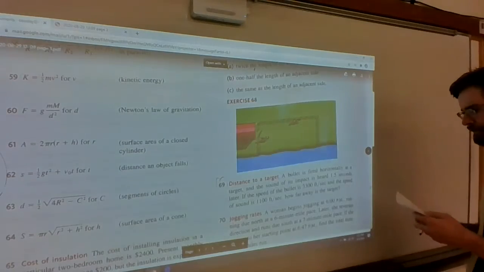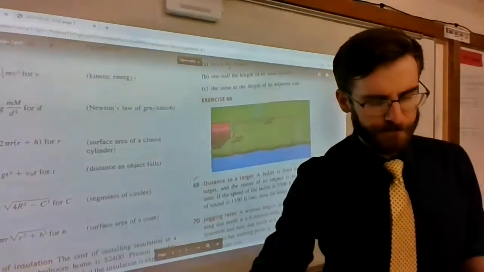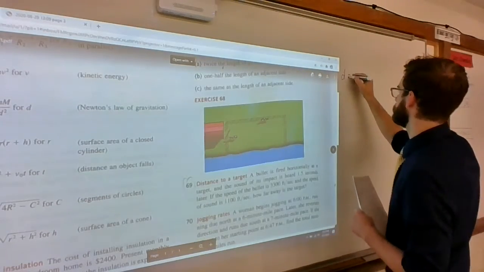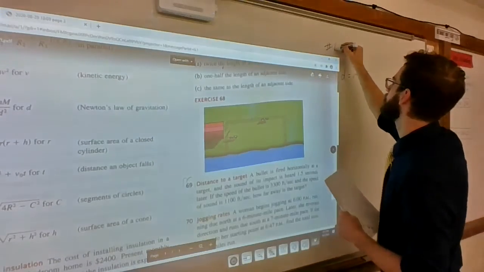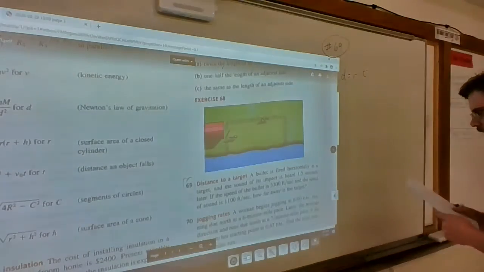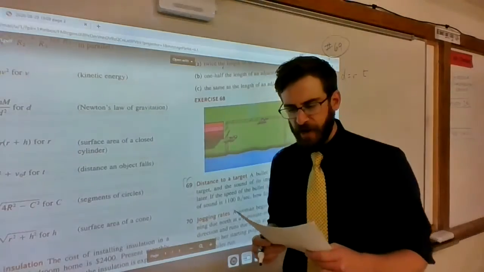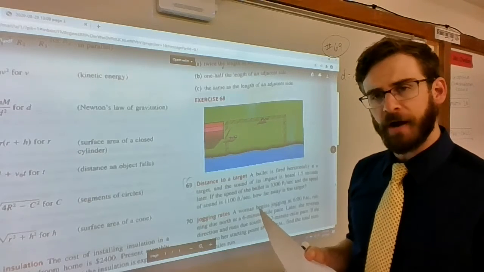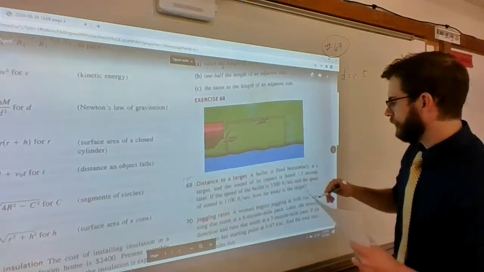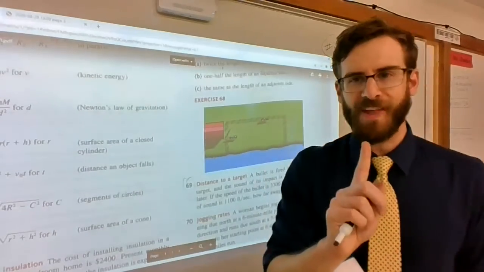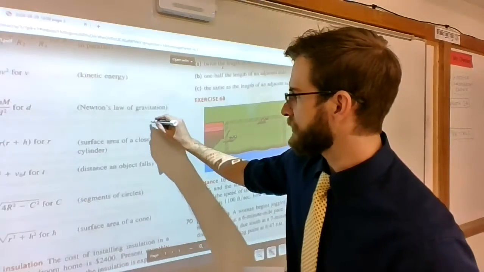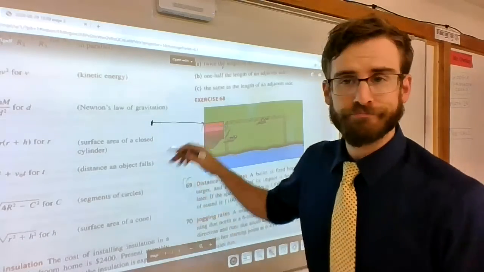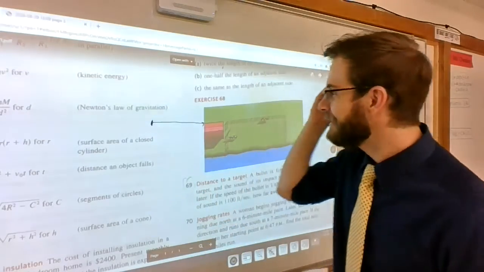All right, so here's the question. The distance the bullet travels and the distance sound travels are the two pieces of information that we need to talk about. Let's say that the bullet starts here, and the target is right here where this picture is. The picture's unrelated, it's for exercise 68.